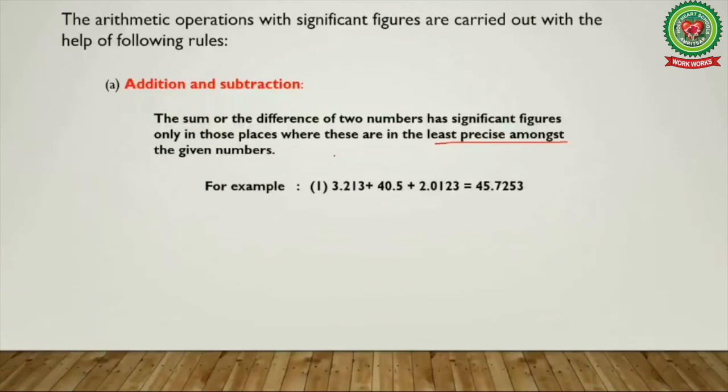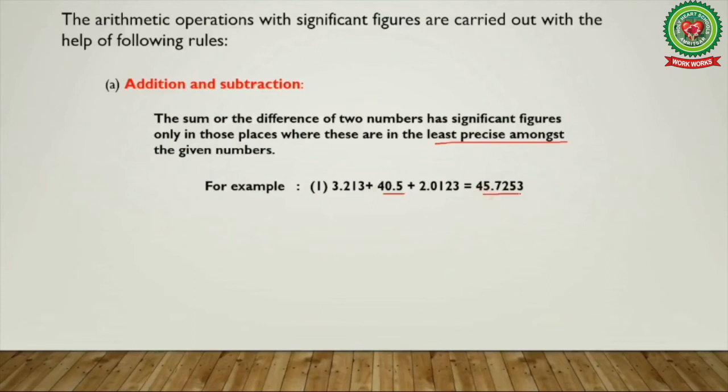For example, if we are going to add 3.213 plus 40.5 plus 2.0123, first of all, you have to see which has the least numbers or least precise amongst all the readings. 40.5. If you add all these values, you will get this result.